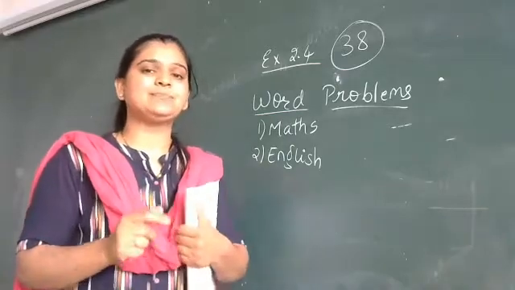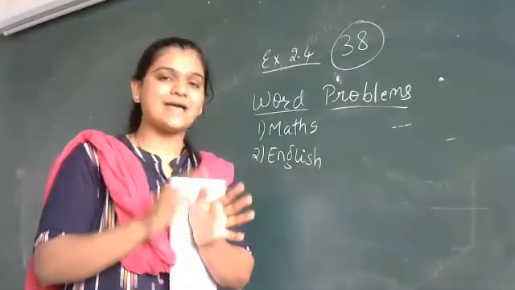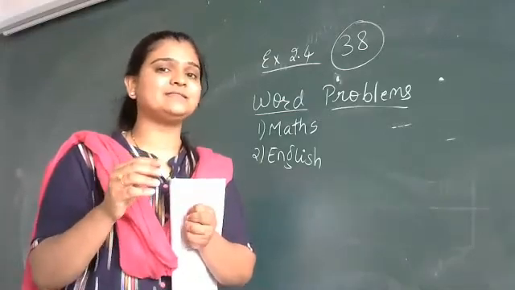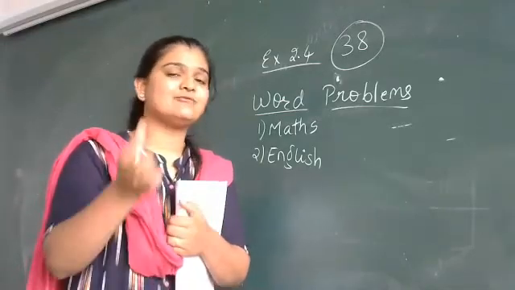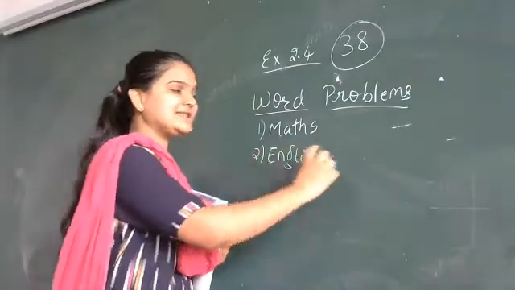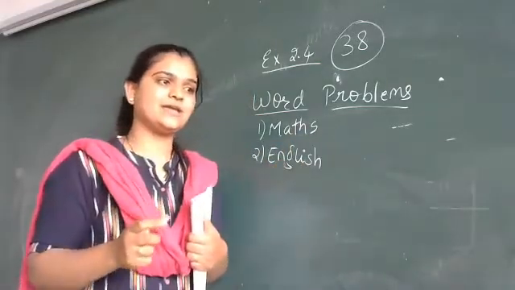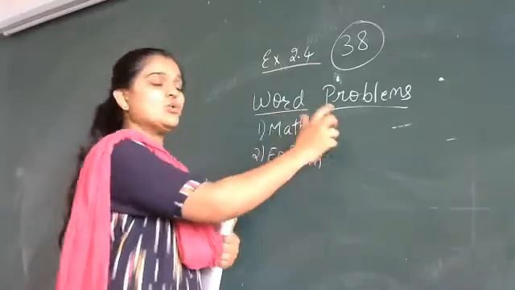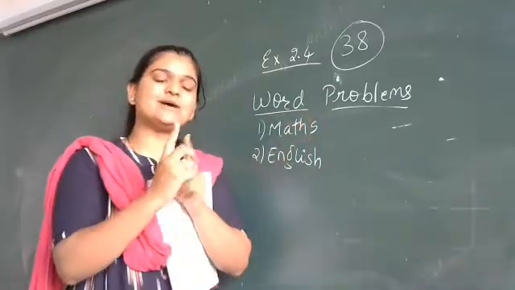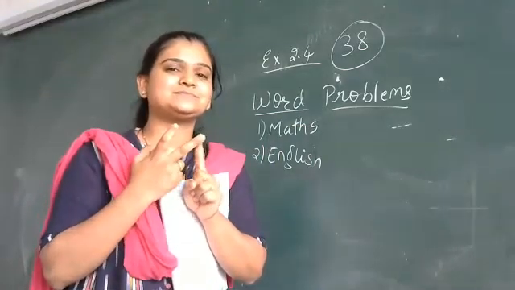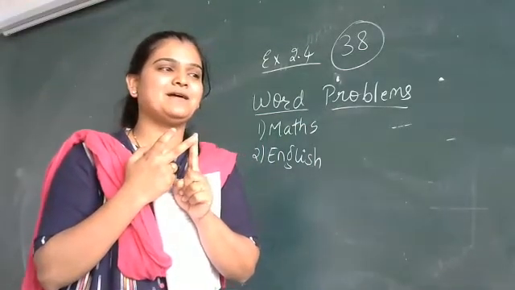Like for example, Priya brought some mangoes, and she shared a few of them with the others. It means there is an English sentence along with numbers. Those are called word problems. Two friends, one is Priya and one more is, any name?